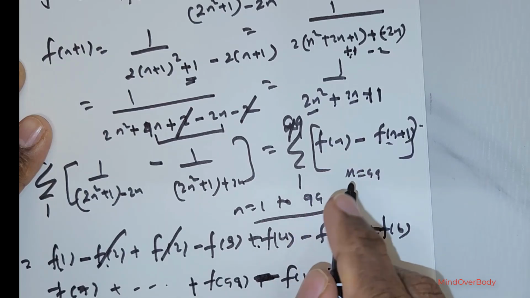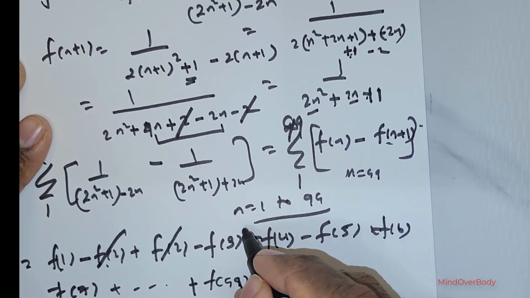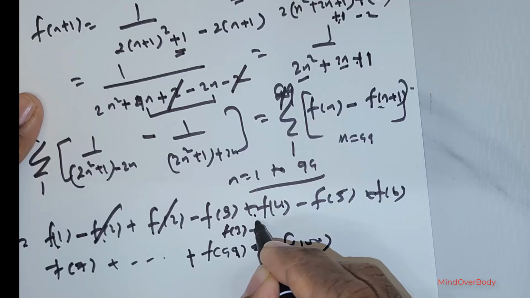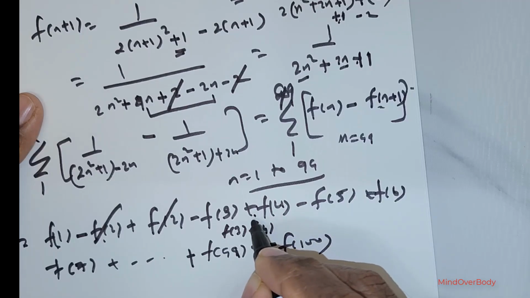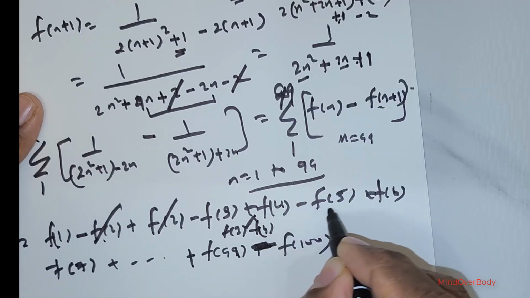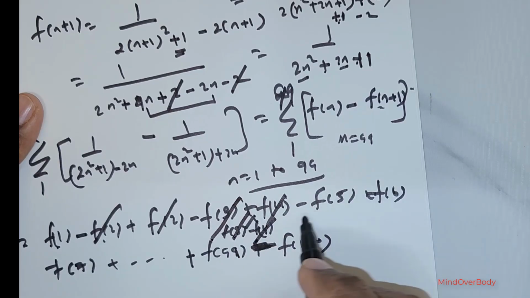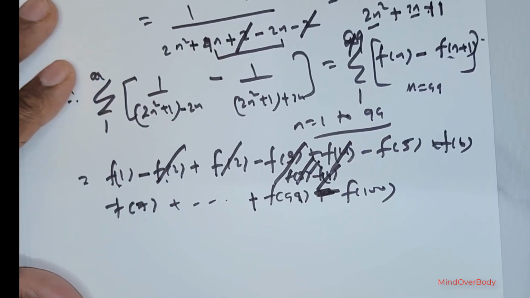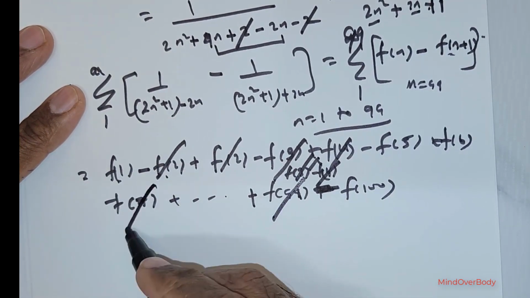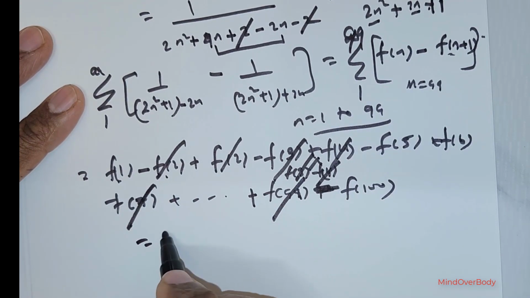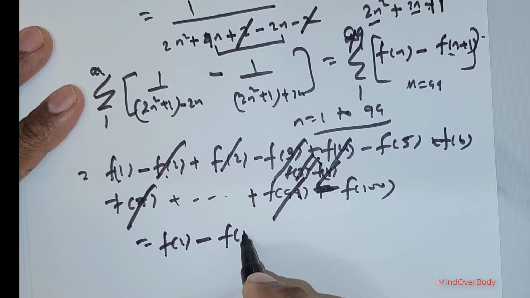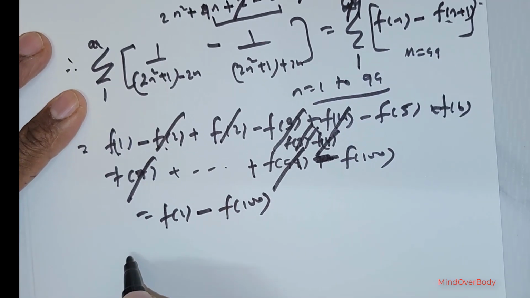N equal to 3, you get f of 3 minus f of 4. So f of 3 minus f of 4 plus your continuation, f of 4 negative f of 5. So negative positive goes away, positive negative goes away. So all these terms will get annihilated. All of them will be gone, excepting the first term and f of 100, the last term.